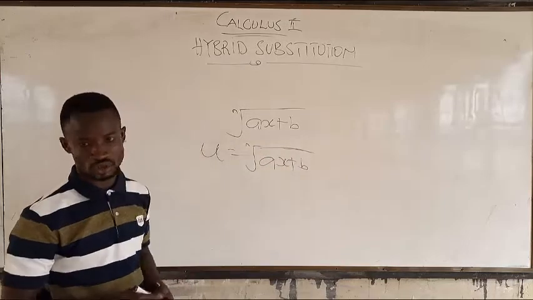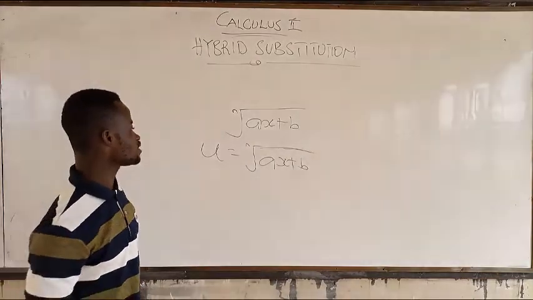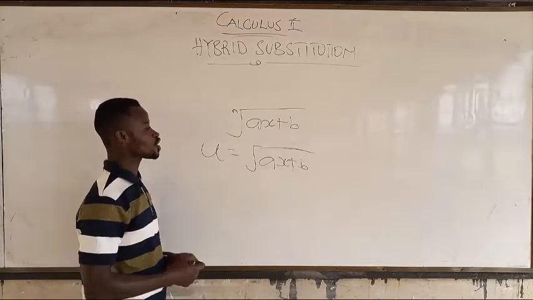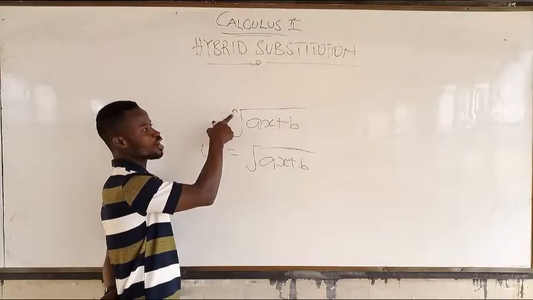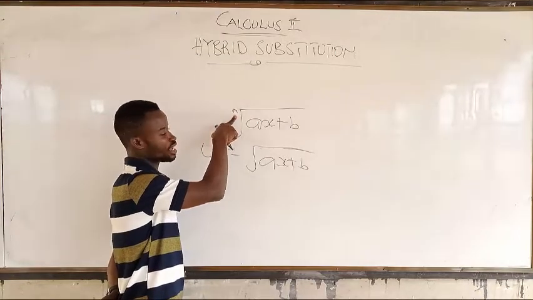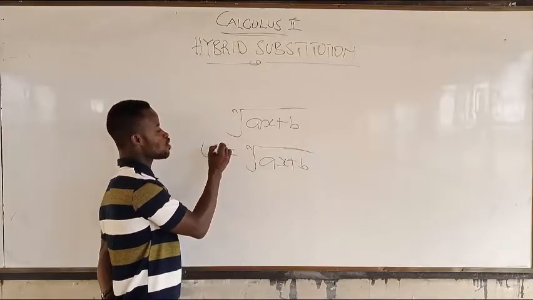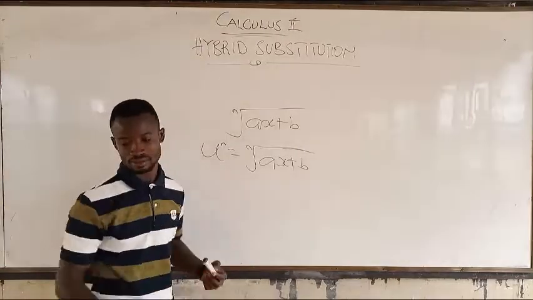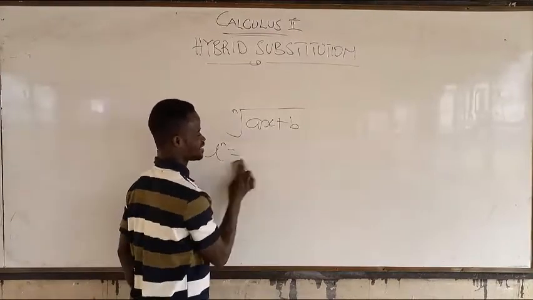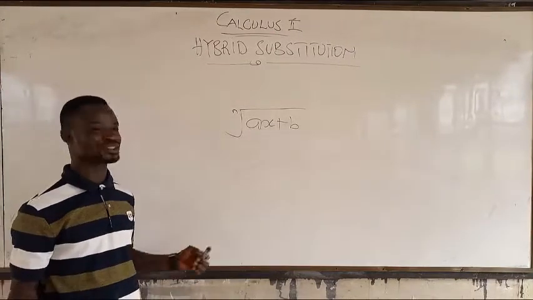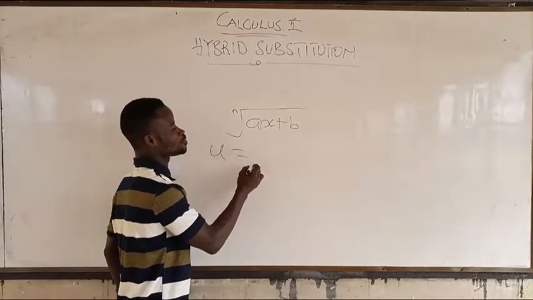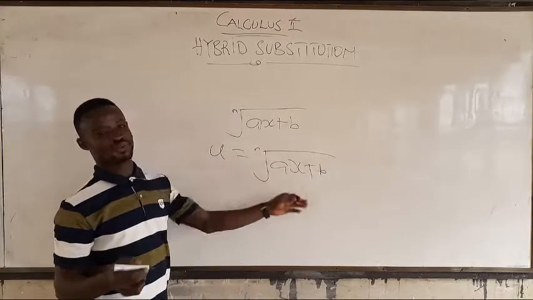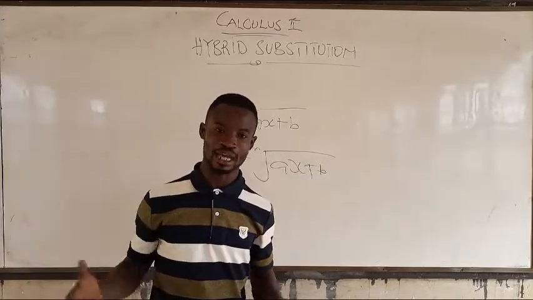No, it's not going to be like that. You have to check the power. We are not going to set u to be equal to the whole of this, like what we did in u substitution.